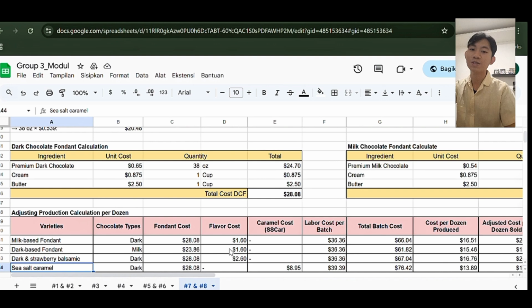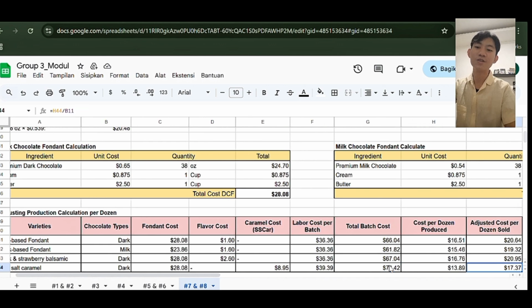The sea salt caramel uses dark chocolate, with a fondant cost of $28.08. Because it's sea salt caramel, we calculate the caramel cost itself, which is $8.65. The labor cost will be $39.39, so the total batch cost is 76.42. Then we calculate the cost per dozen produced.